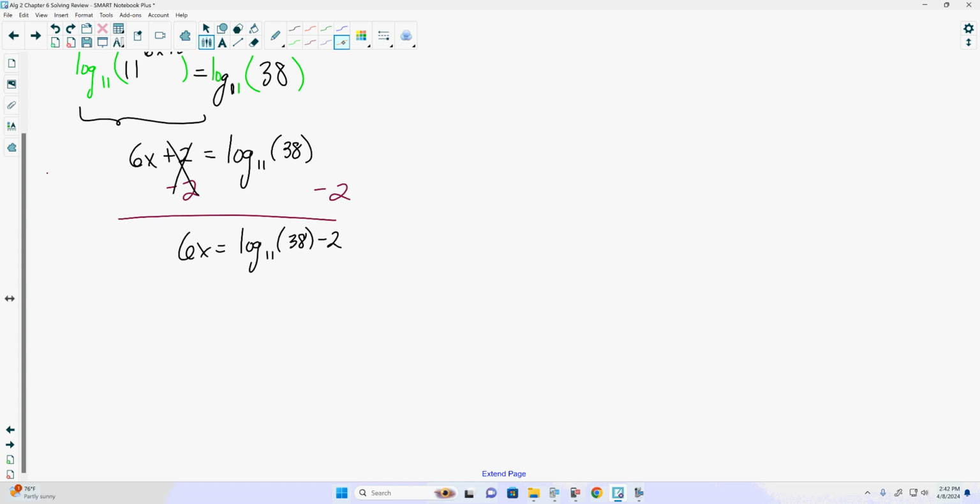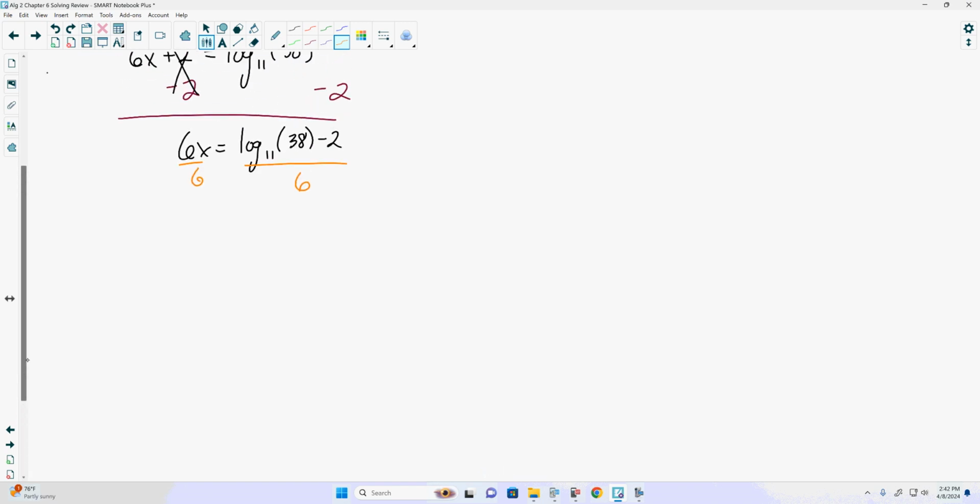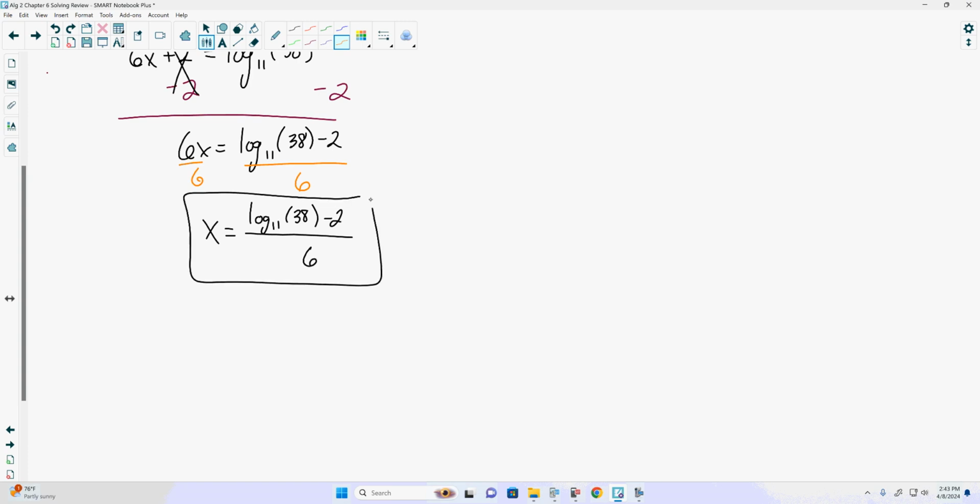And lastly, we would divide by 6, which will tell us that x is equal to log base 11 of 38 minus 2, all over 6. And that's it.